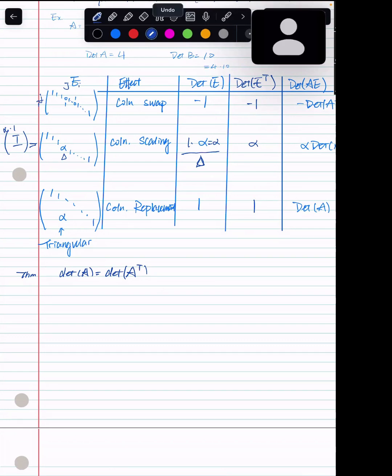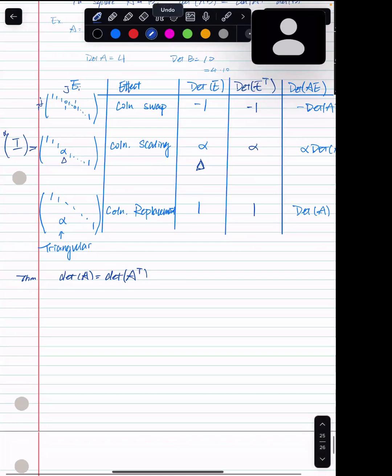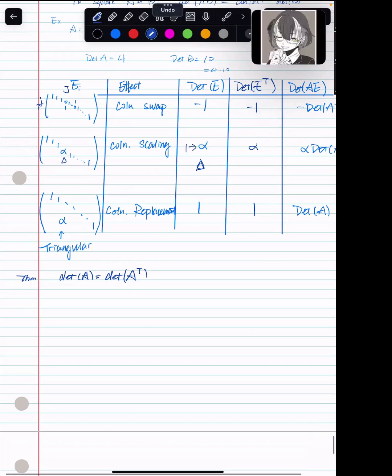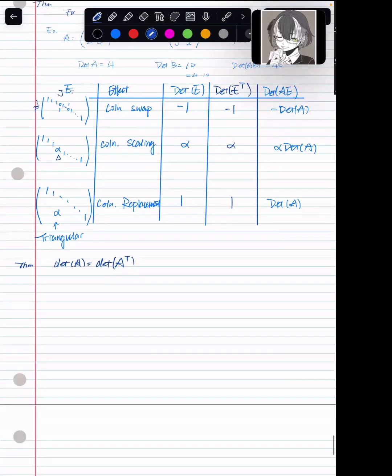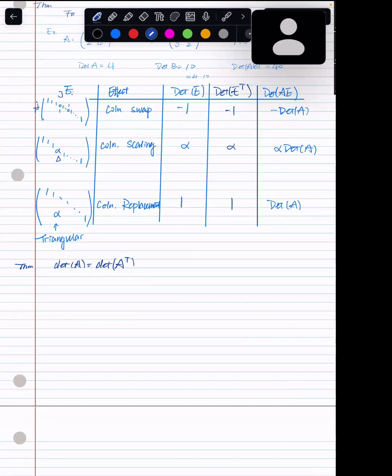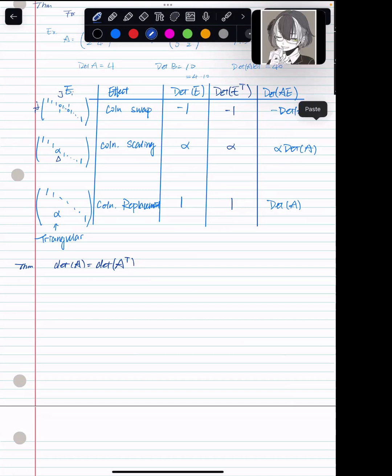Yeah, I understand that part. Because you're finding the determinant of the matrix E, the one post transformation. The transpose swaps rows and columns.